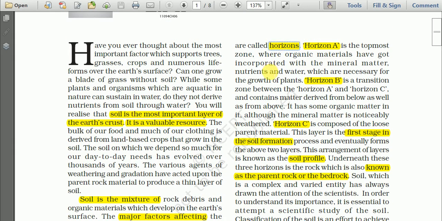The layers of the soils are known as horizons. In our book 3 types of horizons are mentioned here; in other books you may find 4. So we have 3 horizons. The first one is horizon A, the topmost zone.